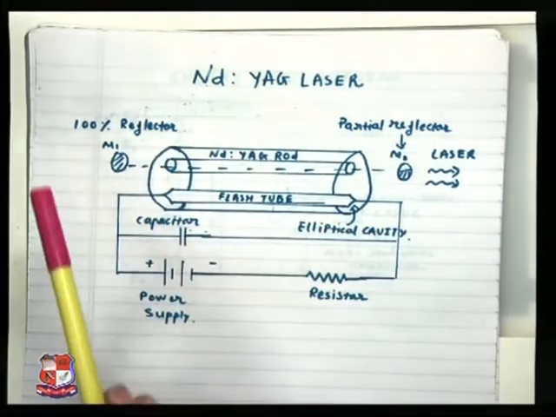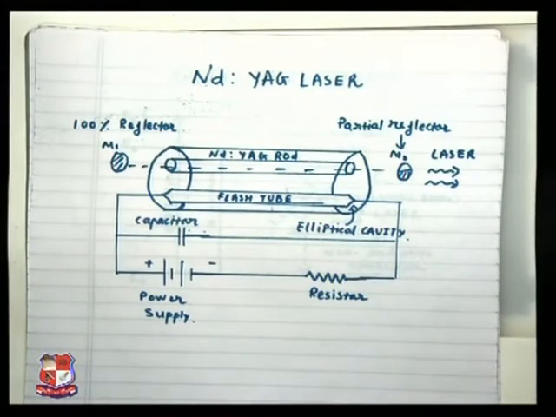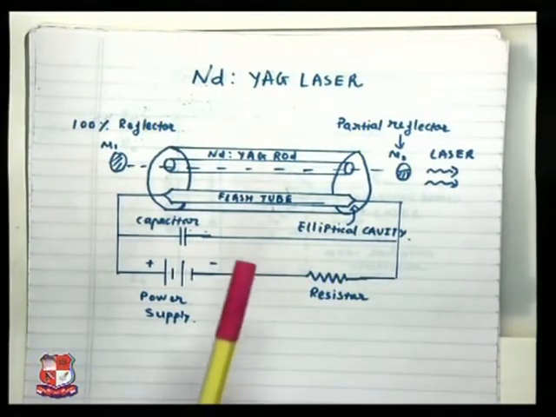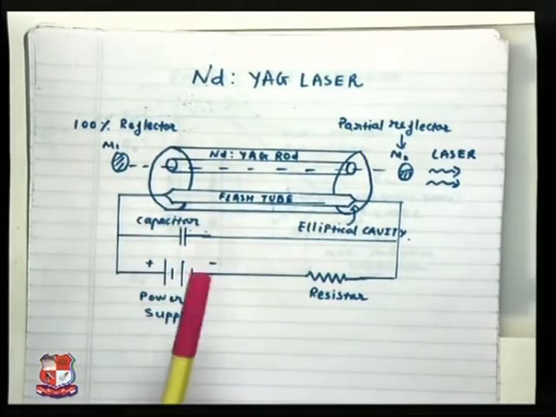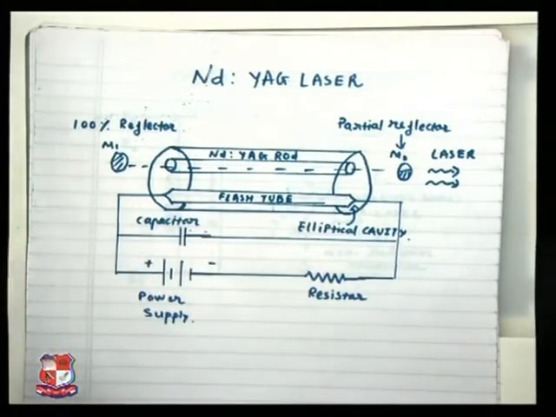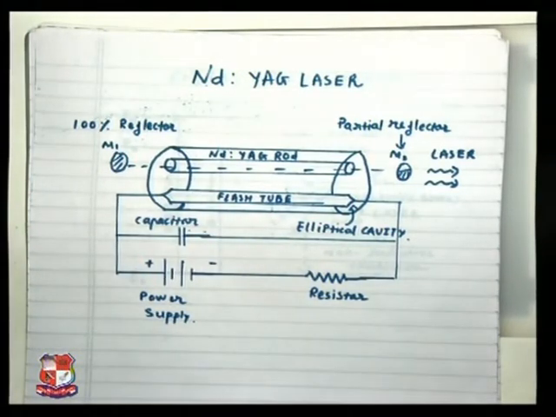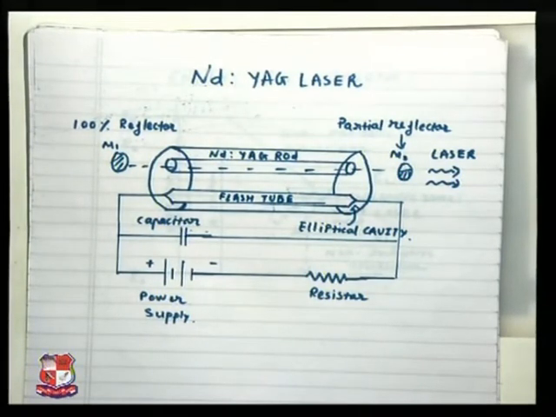In this manner you explain the construction of the Nd:YAG laser. First draw the diagram, name it properly, then explain the construction and how the system is joined, and then explain how it works.